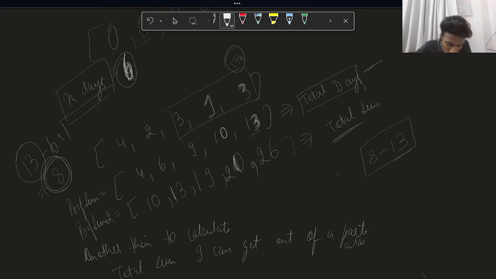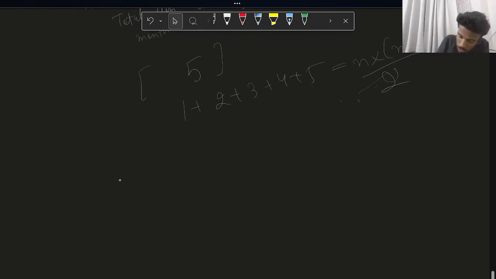Okay, so what we do is we found the lower bound of it, so as to know on what month we should visit. Okay, so we find the upper bound of 8. Let me write it here.